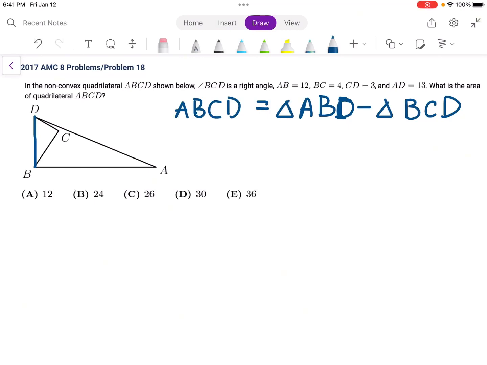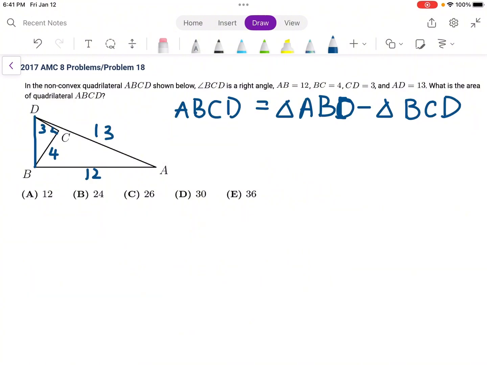We already know that AB equals 12 and AD equals 13, CD equals 3, and BC equals 4, plus angle BCD is a right angle.